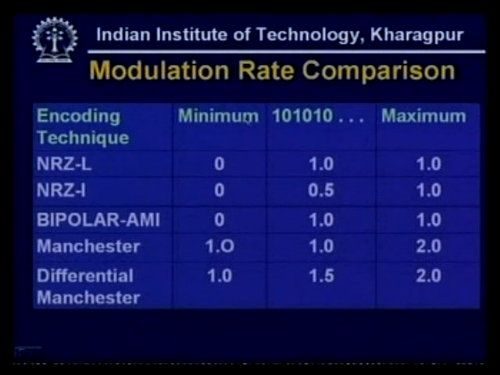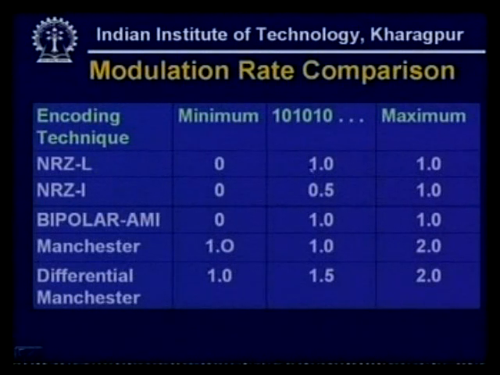So, this is the modulation rate. The minimum modulation rate for NRZ-L, NRZ-I and bipolar AMI is 0, because for some values it does not change at all for zeros and ones. So, it is 0 for alternating ones and zeros.